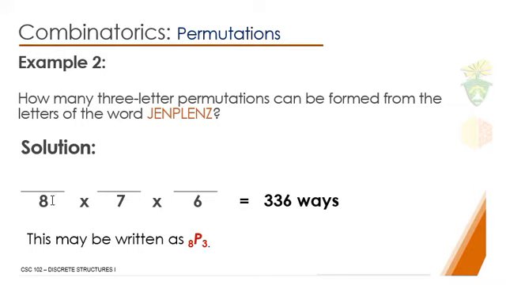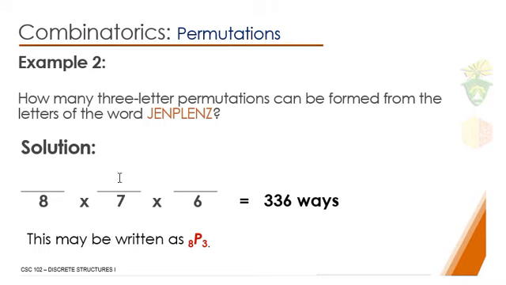So we have computed 336 ways. For the first character, how many choices can we get? We have 8, because there are 8 characters in Gen Plans.